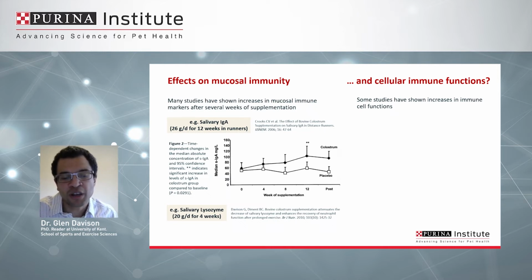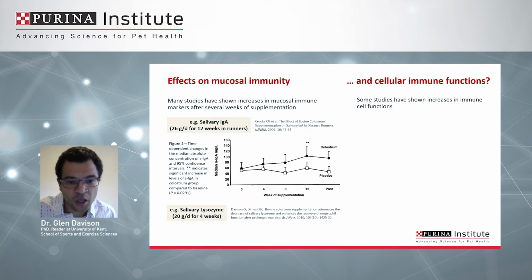It helps to neutralize pathogens such as viruses and bacteria. It helps to prevent them from attaching to mucosal surfaces, and it helps to prevent them from replicating. So it is part of the innate immune defense.